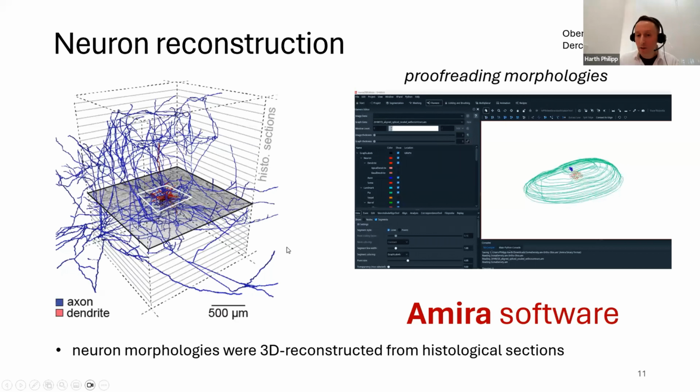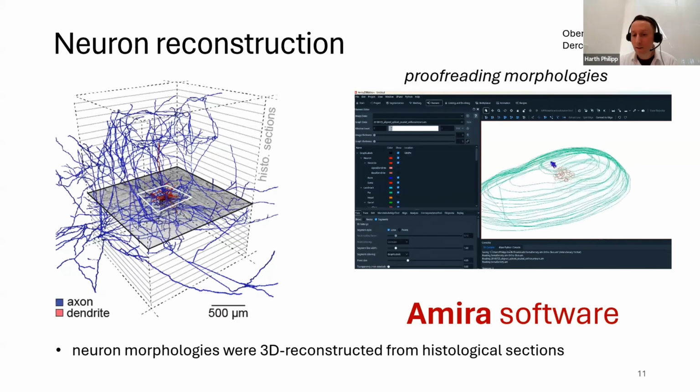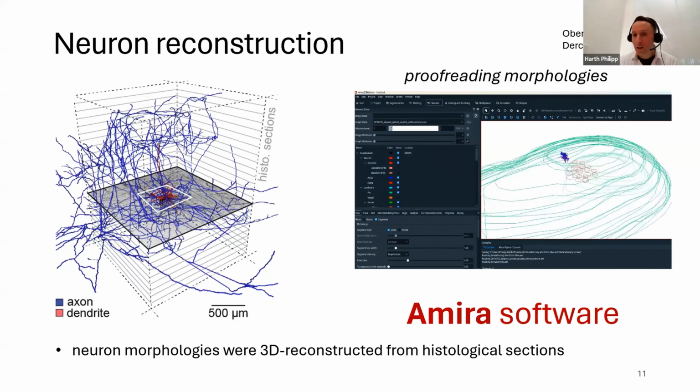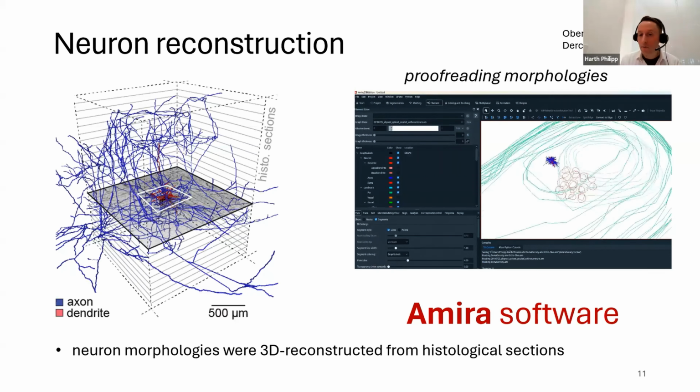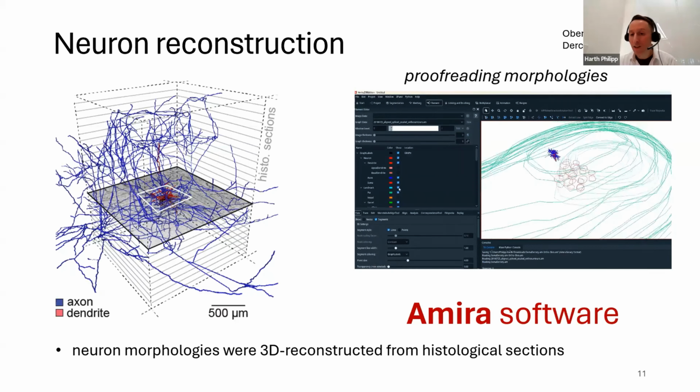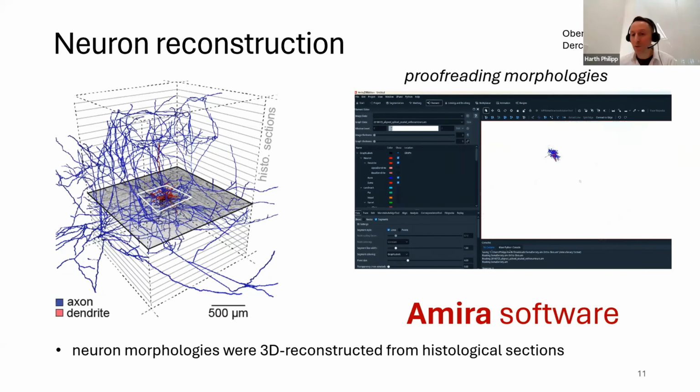And here visualization plays an important role. At the SUS Institute, we have developed the Amira software, which is used to edit these line structures, so you can do tracings in imaging data. And there are semi-automatic pipelines, of course, to retrieve this stained neuronal structure from the imaging data.